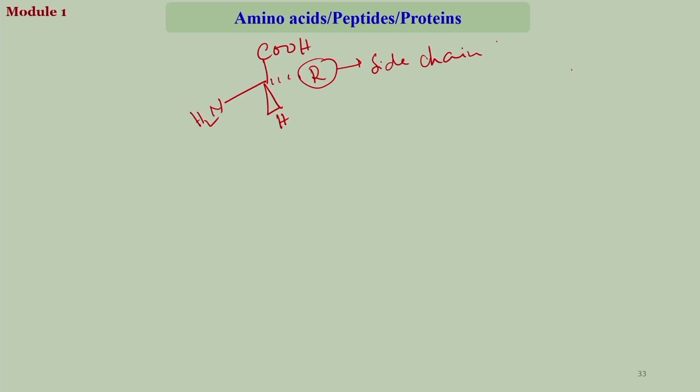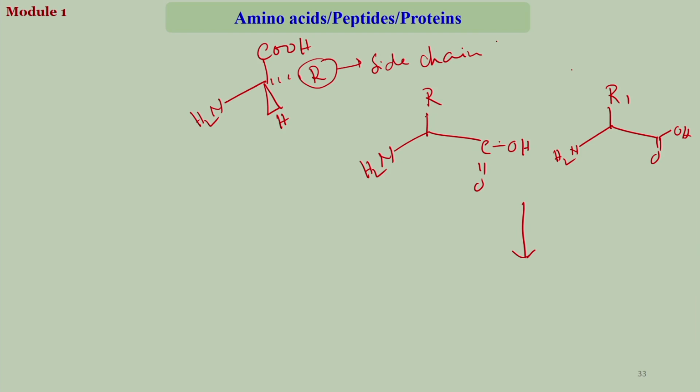So, when you have two amino acids, I am just writing flat, R, NH2, and R1, NH2, COOH, and you fuse them together, condense basically, remove a water molecule, then you get a different bond, an amide bond.